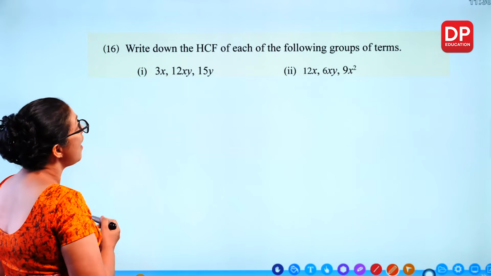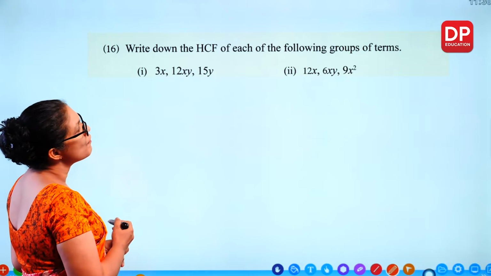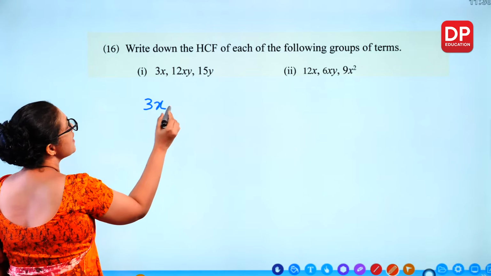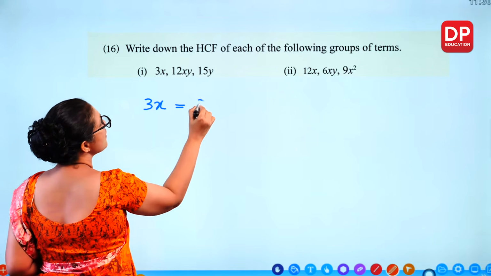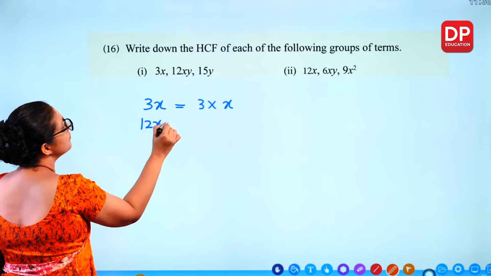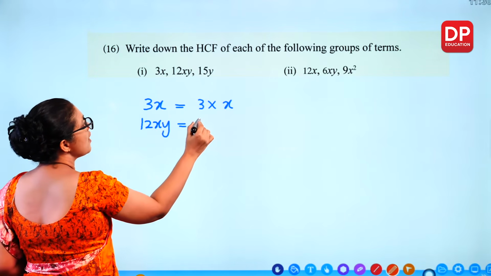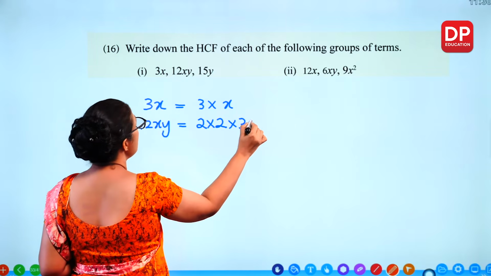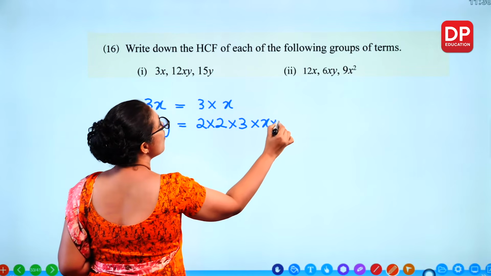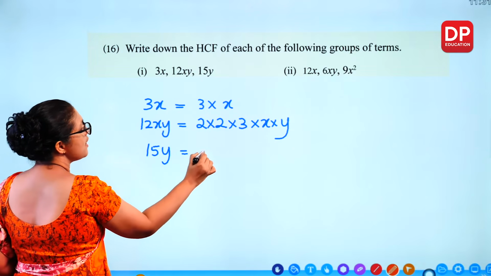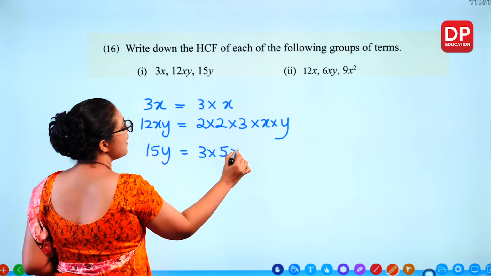Write down the highest common factor of each of the following groups of terms. So we'll do separately. 3x means 3 times x. 12xy. 12 is 2 times 2, 4. 4 times 3, 12. X, y. 15y. You get 3 times 5 and then y.